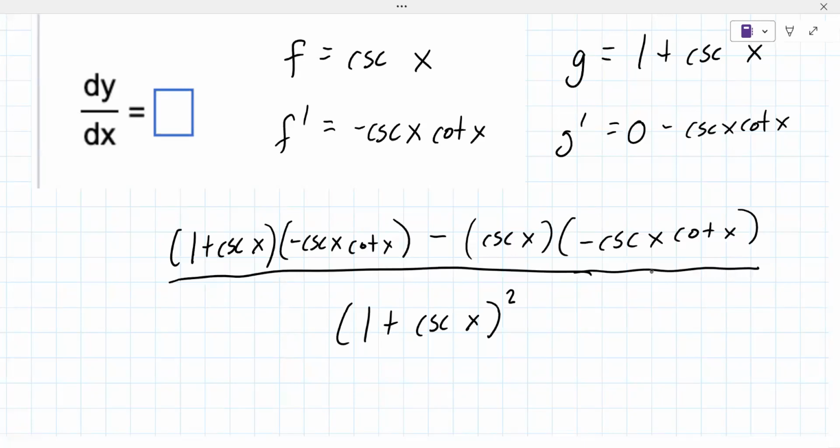You could simplify a tiny bit, but I would just enter it this way. I mean, the hardest part is just not entering it wrong, after doing all the work.